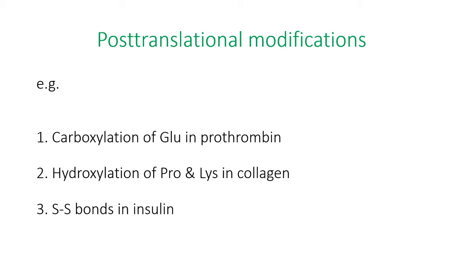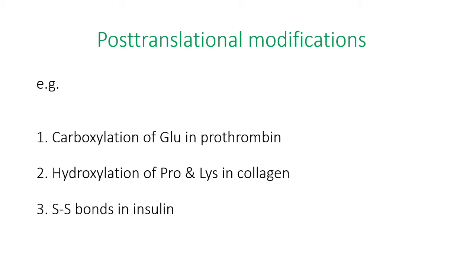For example, important ones like number 1, gamma carboxylation of glutamic acid in prothrombin by vitamin K. This is important, and I think you'll be taught this in vitamin K. Next, hydroxylation of proline and lysine in collagen by vitamin C. This also will be taught in vitamin C.